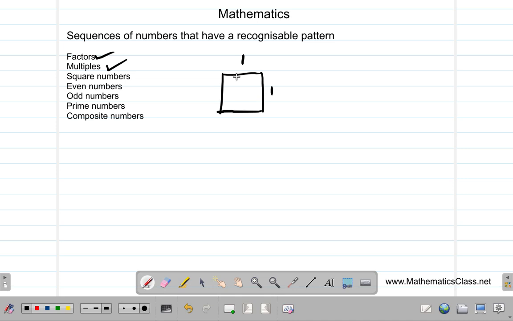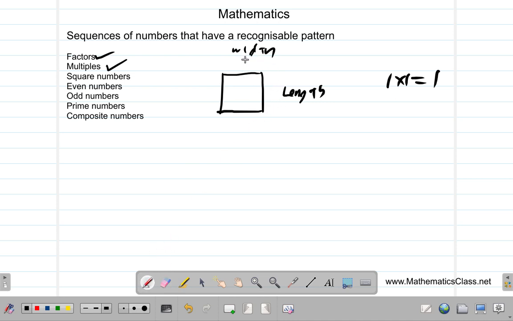If you say this is the height and this is the length, height times length, or length times width, whatever you say, you get 1 by 1, or 1. 1 times 1 gives you 1. If you measured it in meters, it's a square meter, but we don't talk about units of measurement now. That's one square number.